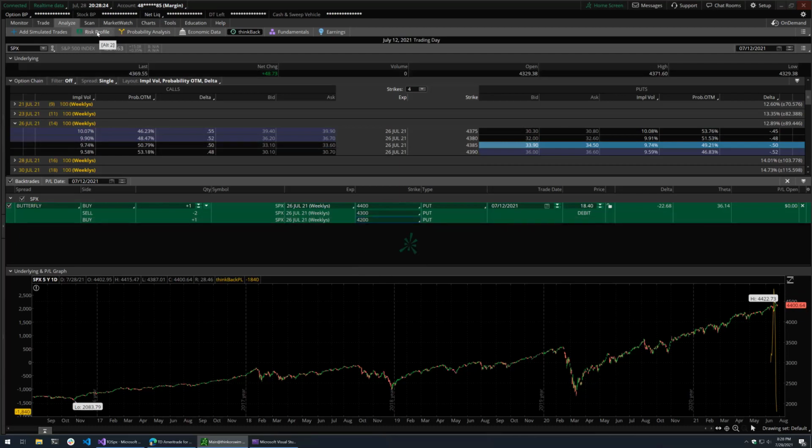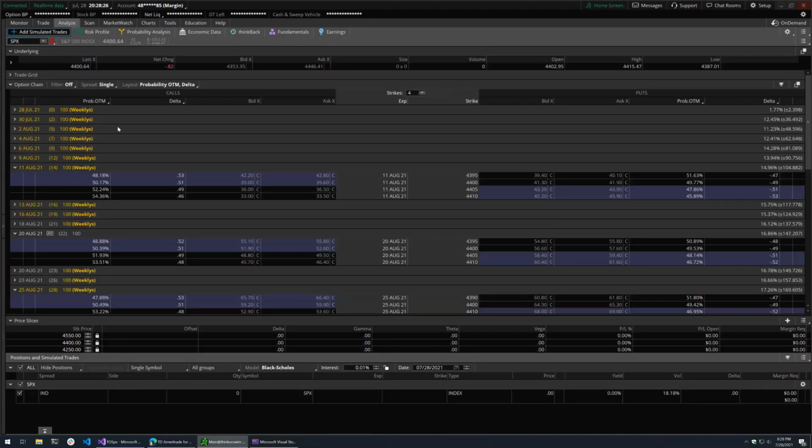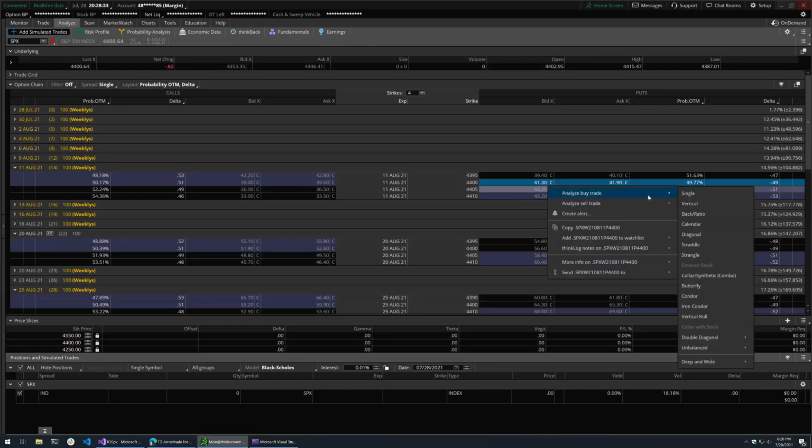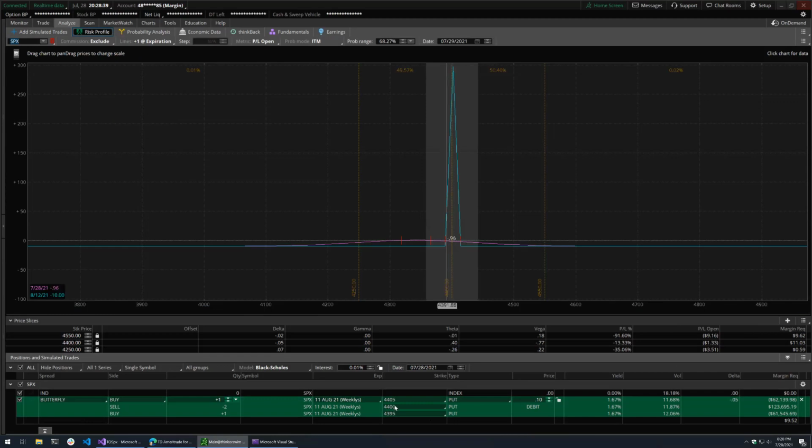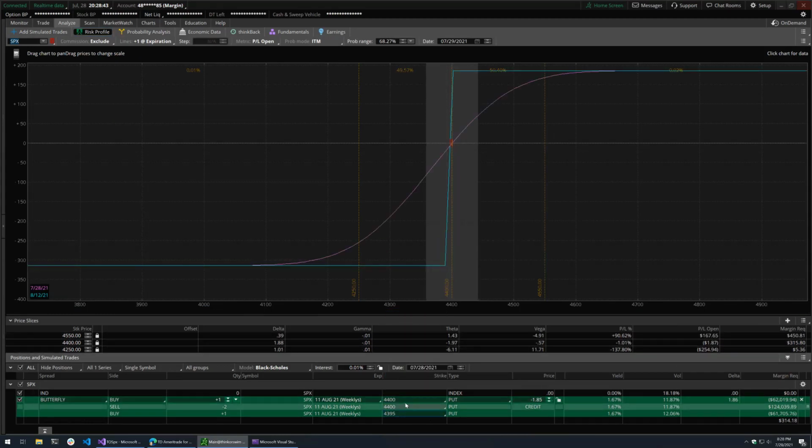What this would look like, for you folks who would like to see it, let me go take a look at a butterfly here. It's nice because we're basically back at 4,400, which is where we were on the 12th, so it makes it easy to visualize.